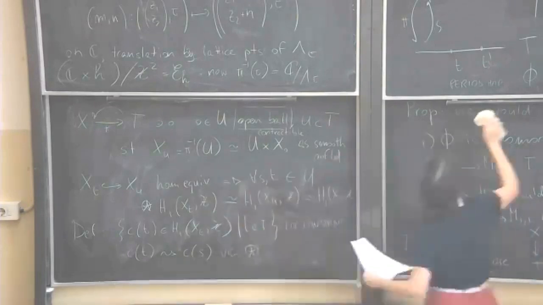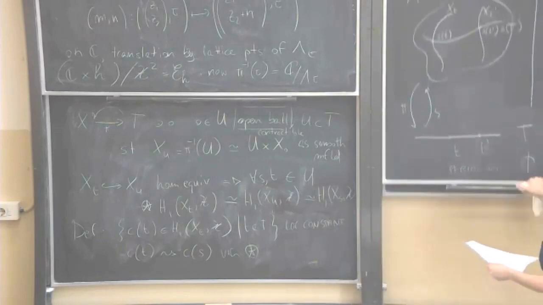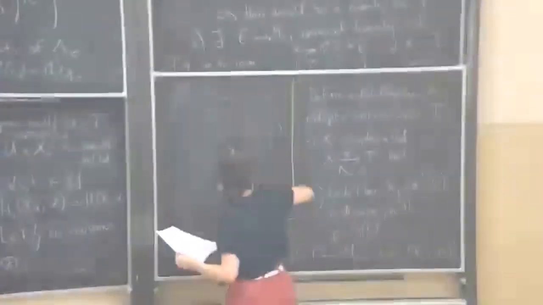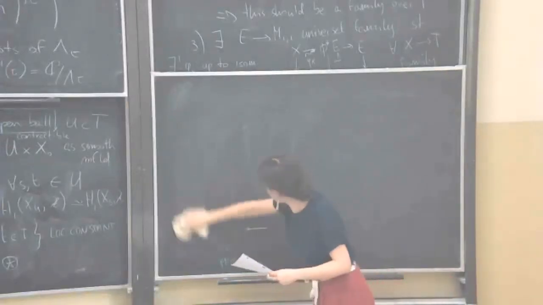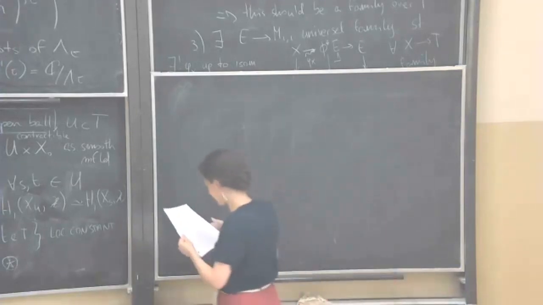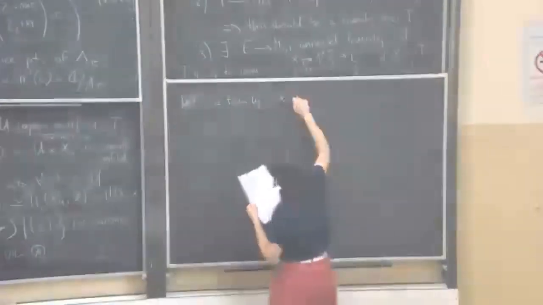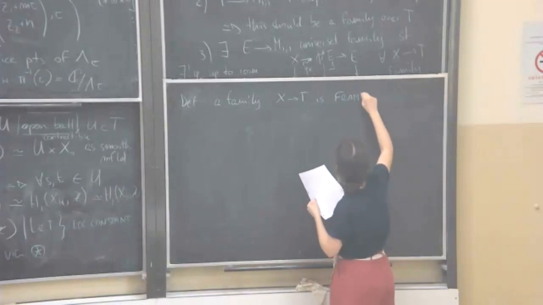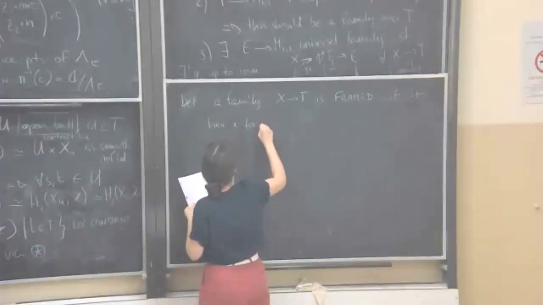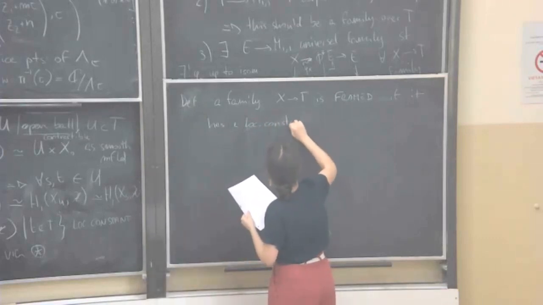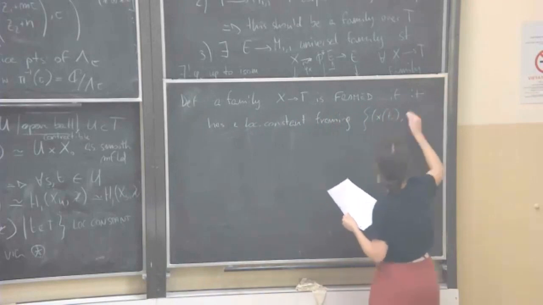So you define a family to be framed if it has a locally constant framing given by x of tau, x of t, y of t.